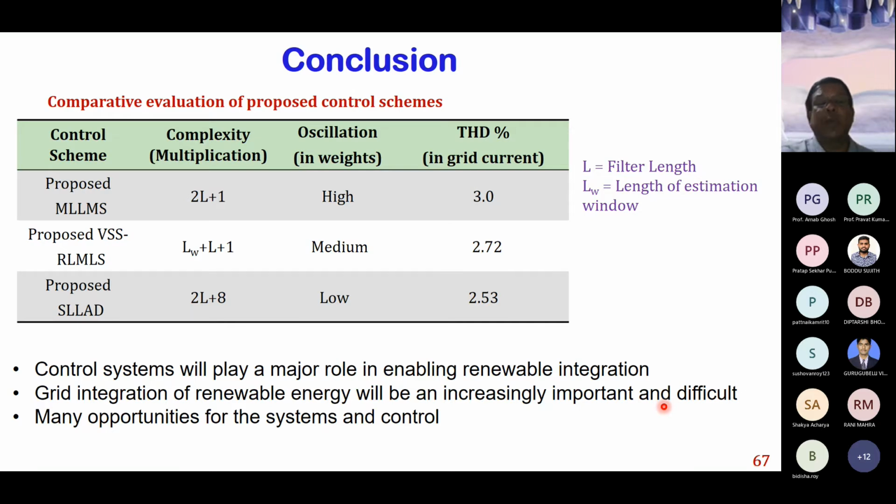The oscillation in the weights is high in the first one, the modified leaky LMS algorithm, medium in the variable step size one, and low in the sigmoid one.